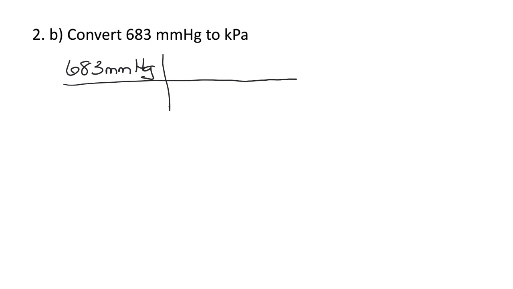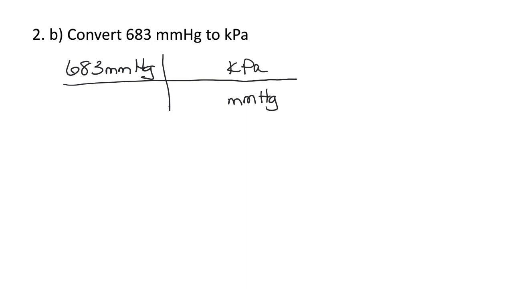Okay, so this time let's convert 683 millimeters of mercury to kPa. We're going to take 683 millimeters of mercury. Since we're starting with millimeters of mercury, I'm going to put those on bottom, and kPa on top.